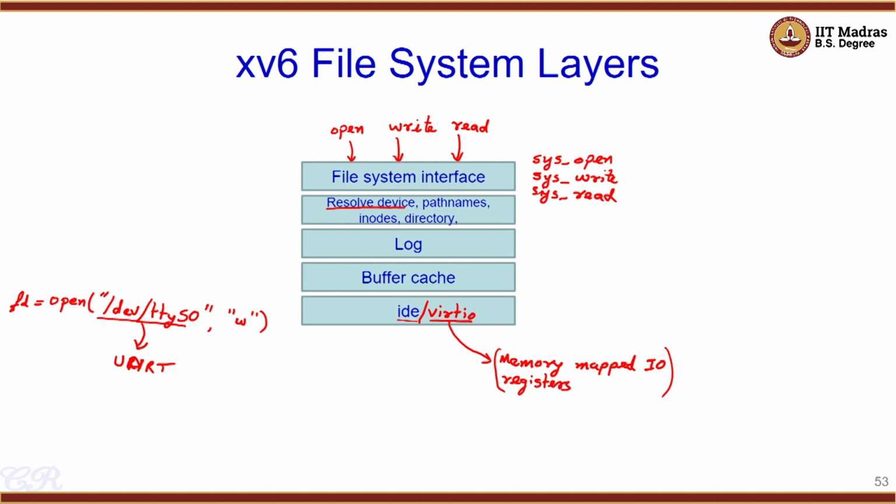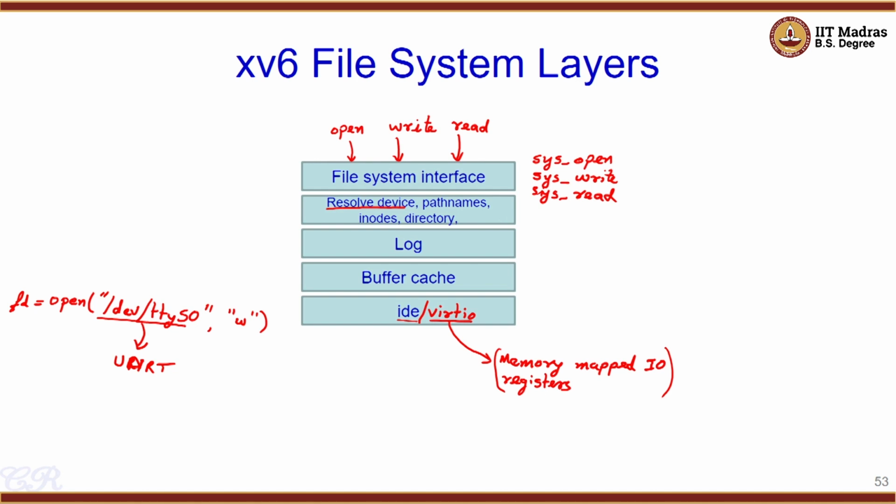Also, it converts the addressing, which is typically a linear address, to an address which the hard disk can understand. In the IDE, as we've seen before, the addresses correspond to the sector number, the head, and the cylinder number. In the virtio, it is far simpler. The linear address is just converted to a sector number.